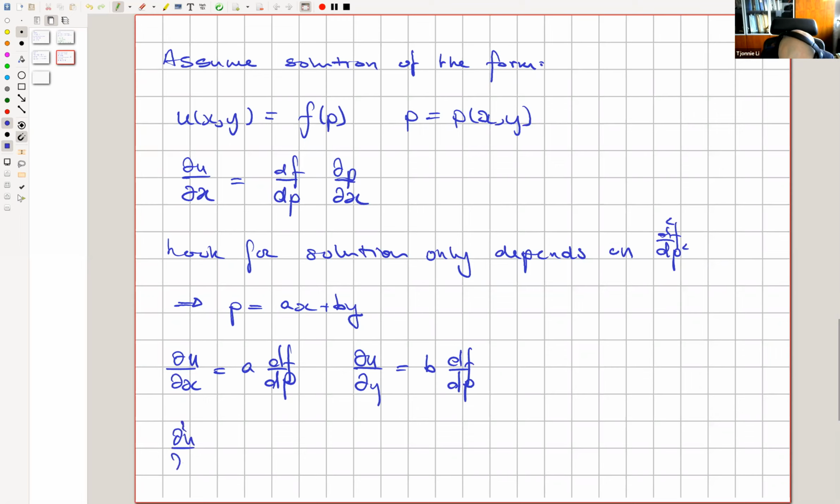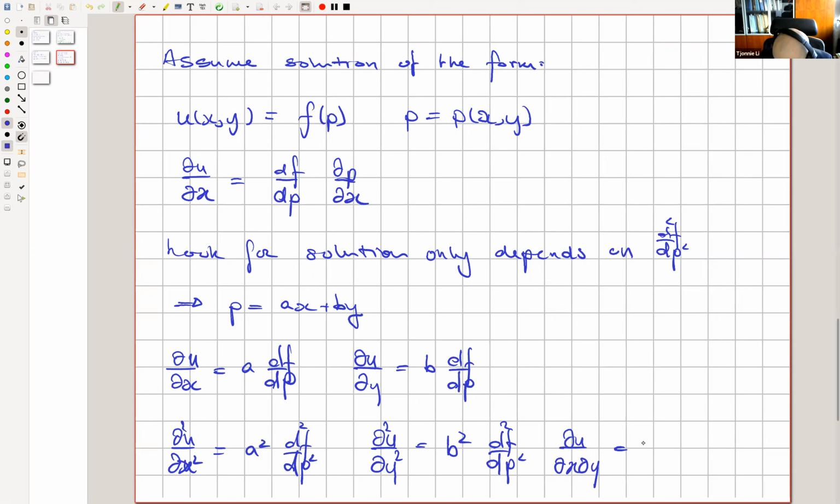Partial squared u partial x squared is a squared times the second derivative of f with respect to p, partial squared u partial y squared equals b squared d squared f/dp squared. Finally, we have partial squared u partial x partial y equals ab d squared f/dp squared.